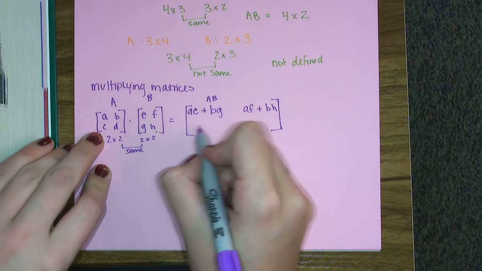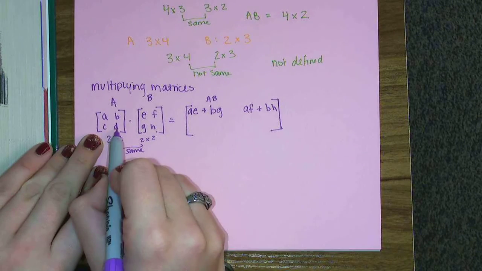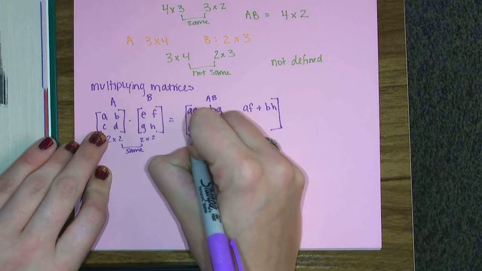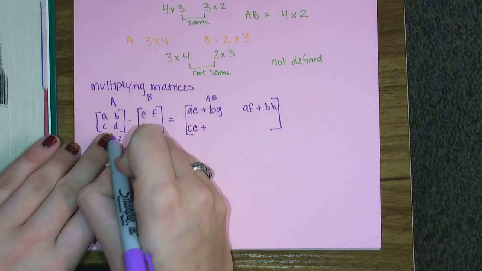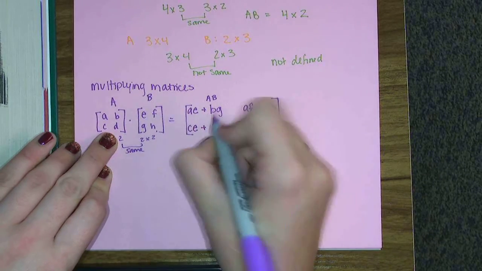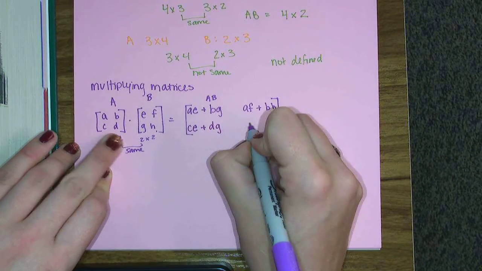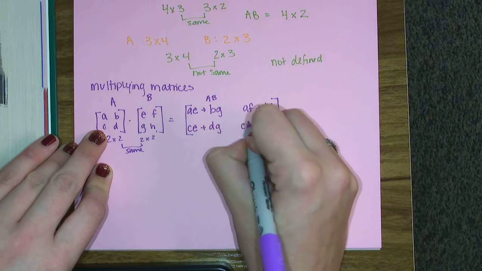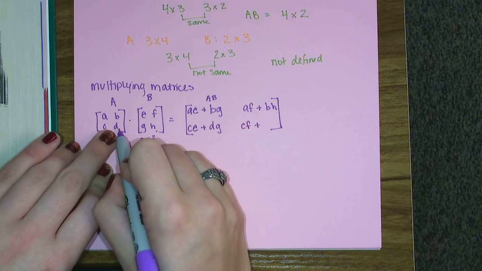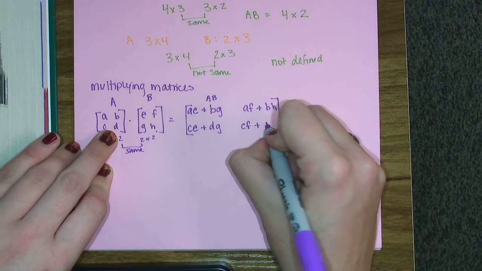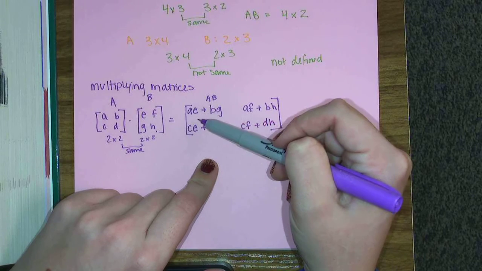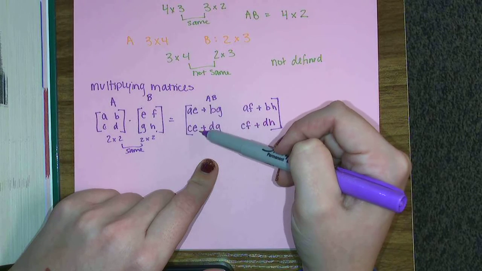Okay, so now for this bottom one, it's the second row times the first column. So it's C times E plus D times G. And then over here, I'm back to C times F plus D times H. Okay, so what you'll notice is that the E's are lined up here, so the column is lined up.